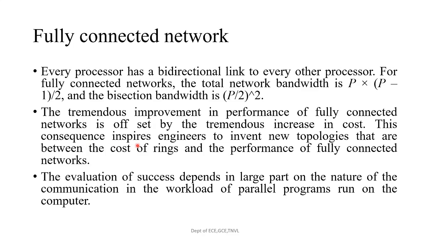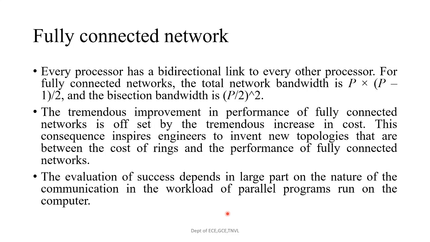This consequence inspires engineers to invent new topologies that are between the cost of rings and the performance of fully connected networks. The evaluation of success depends in large part on the nature of the communication in the workload of parallel programs that run on the computer.